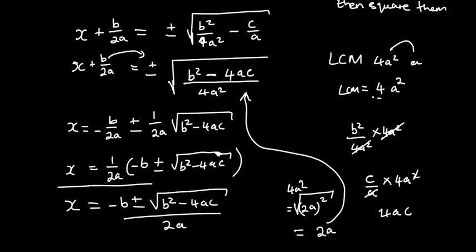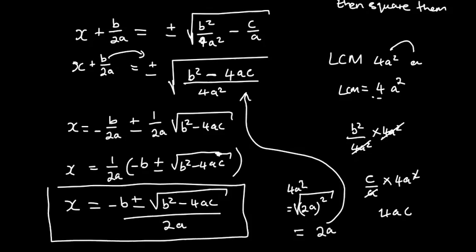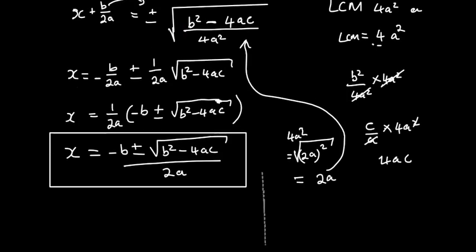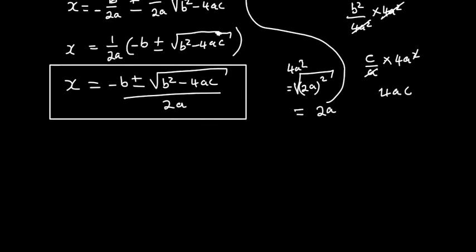Doesn't that look very familiar? For all those who don't know, this formula came about because of completing the square. So let's look at the expression that we had above. You can use this as a shortcut of completing the square.